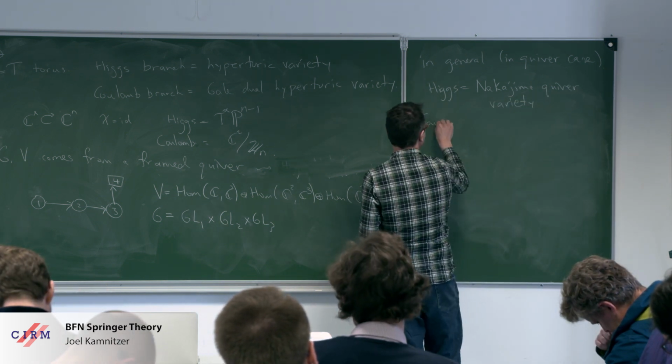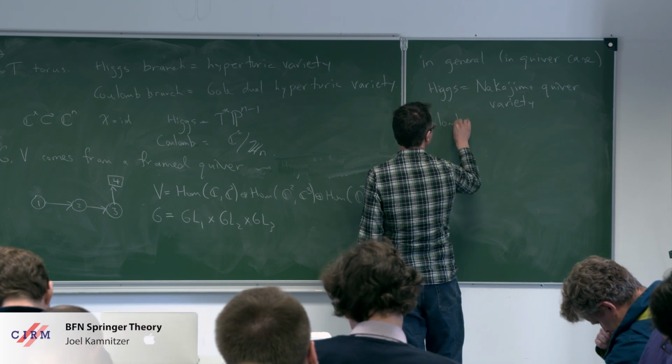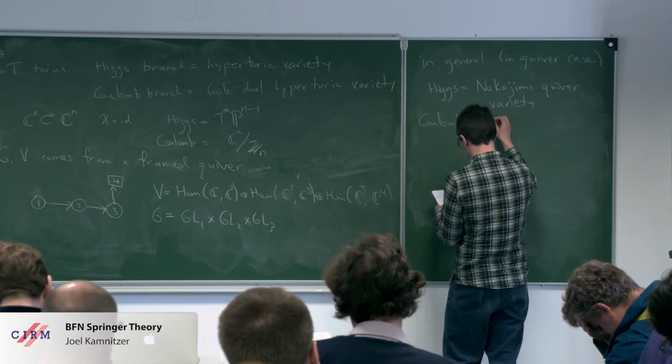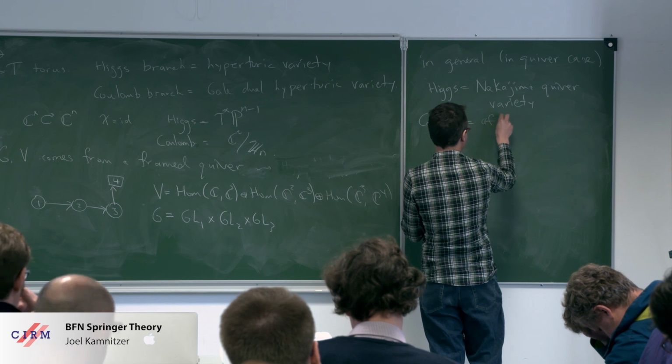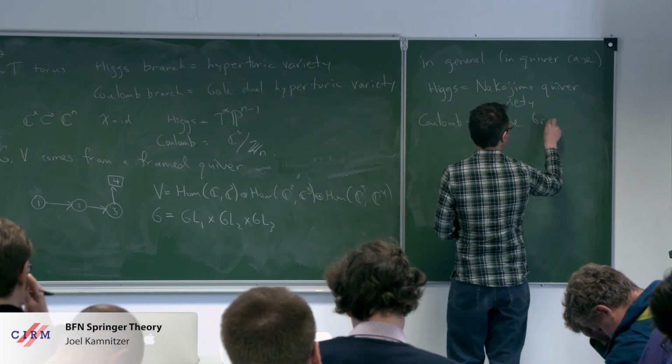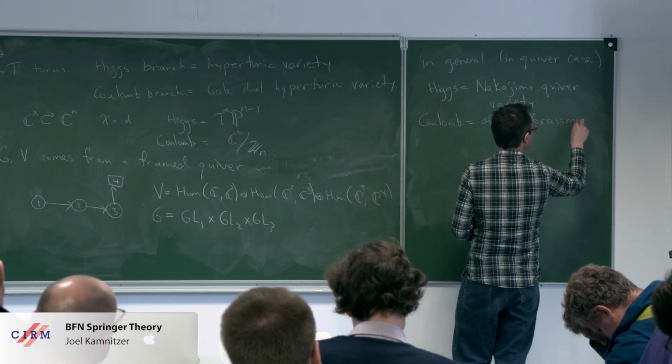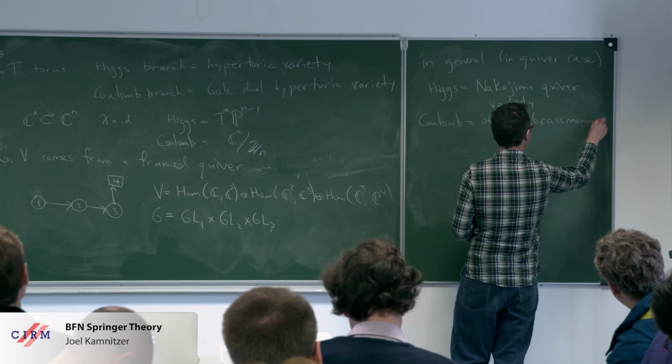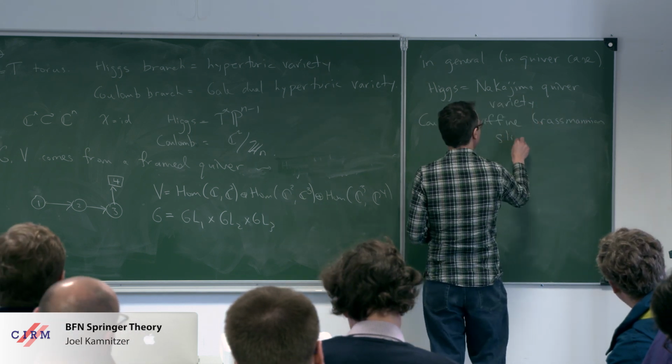And the Coulomb branch is an affine Grassmannian slice, or generalized affine Grassmannian slice.